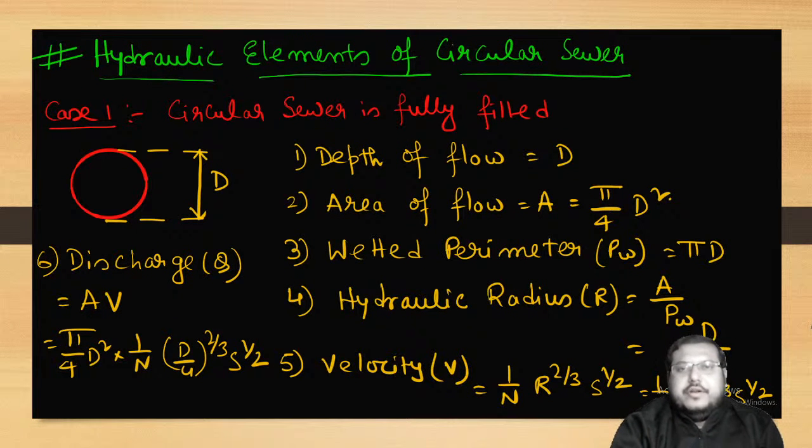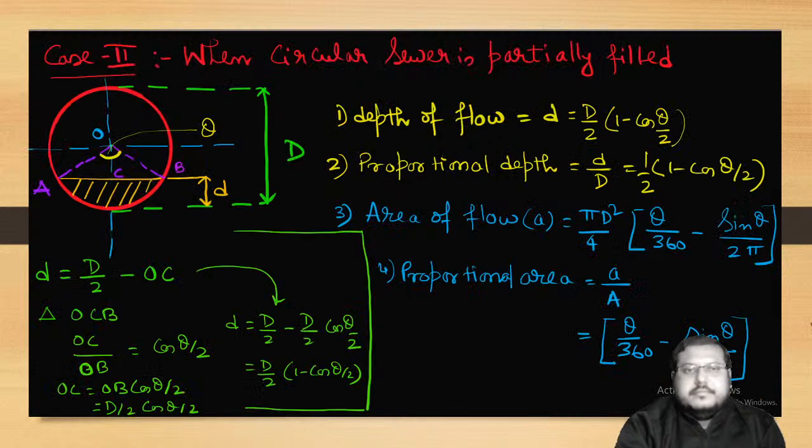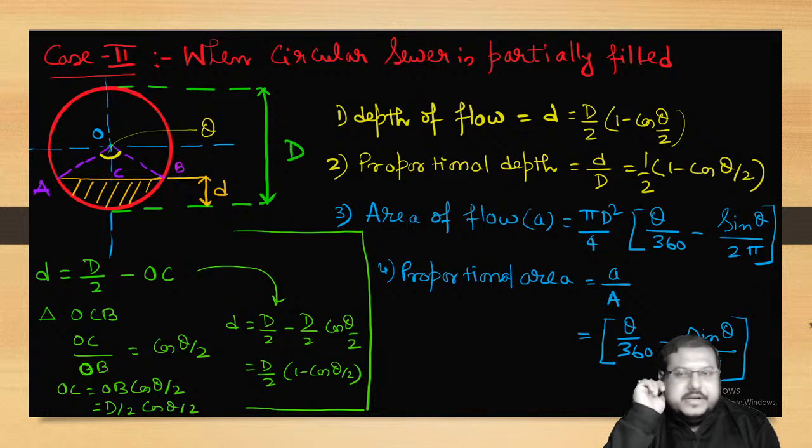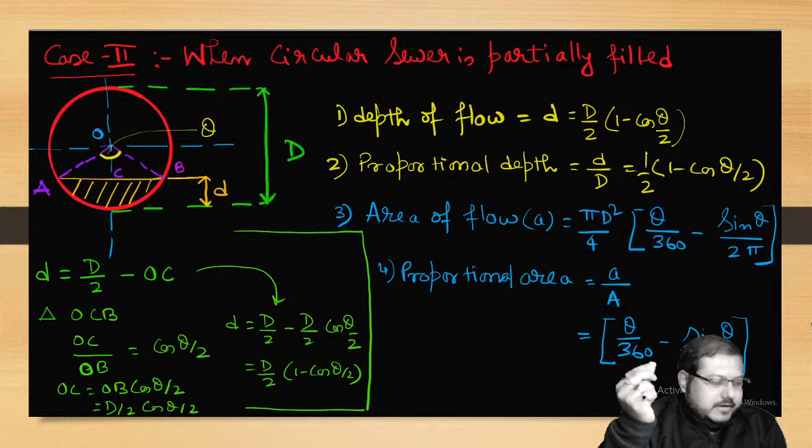And these are the hydraulic elements of a circular sewer when it is fully filled: depth of flow, area of flow, wetted perimeter, hydraulic radius, discharge, and velocity. And this is a partially filled sewer. All the parameters are provided here.